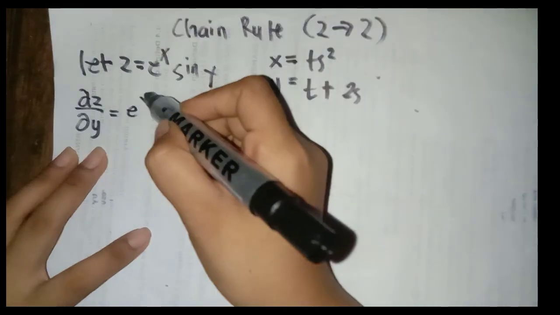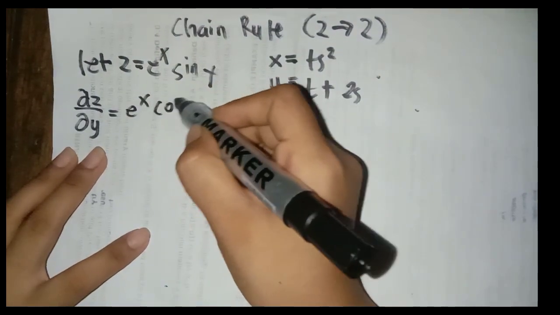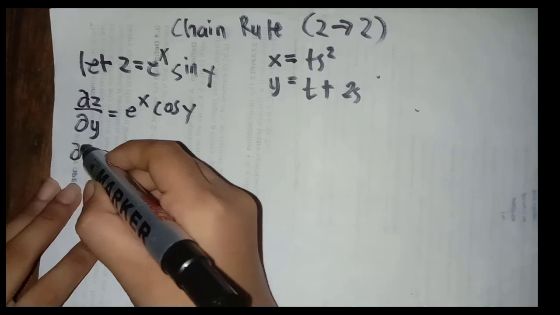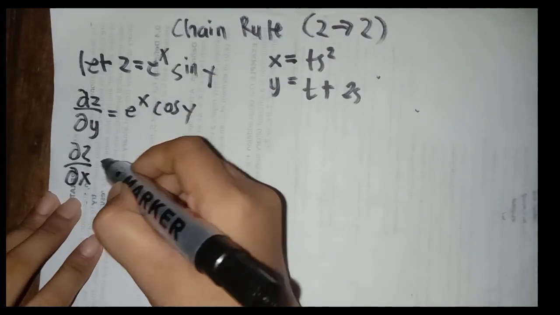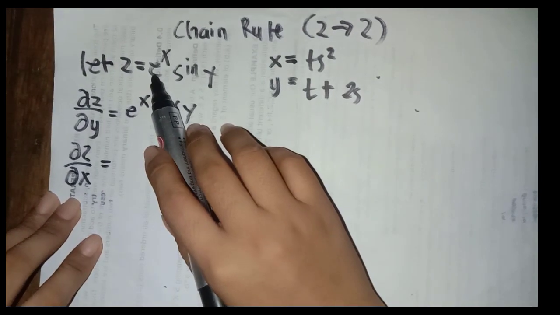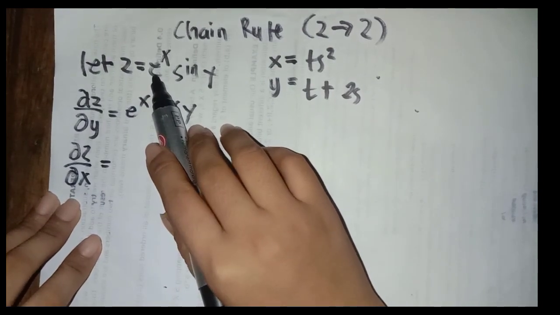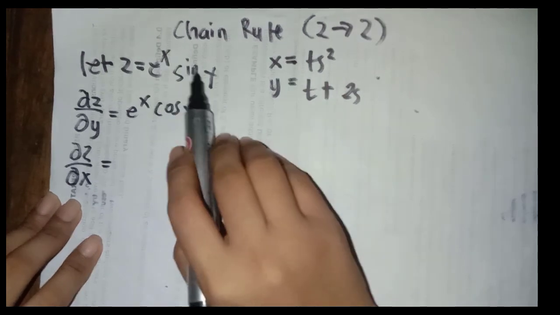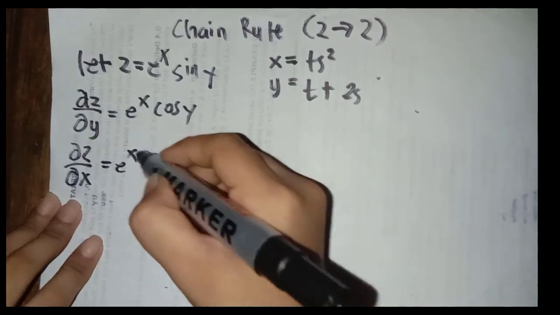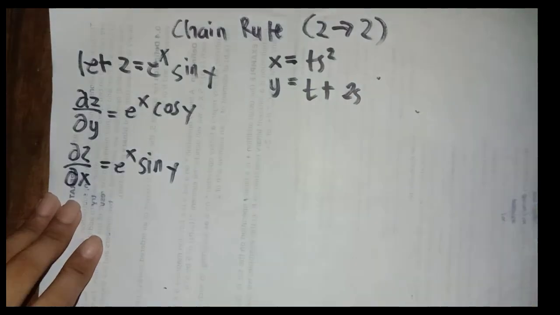So e raised to x cos y. And then if we derive this part with respect to x, the derivative of e raised to x is e raised to x, then copy this part. So e raised to x sine y.